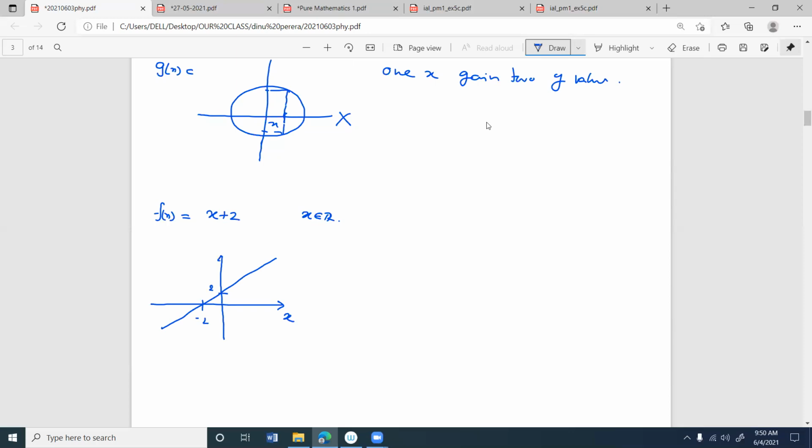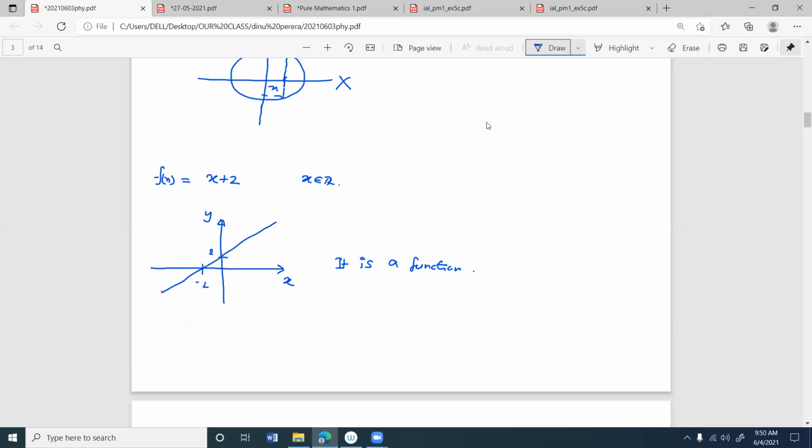X and y. Now you can see whether it satisfies the first condition. Whatever x value you replace, you get a y answer. Not a problem at all here. To the negative side or positive side, it's not a problem. One x gives only one y answer. It's a function. It's not an issue at all, right?